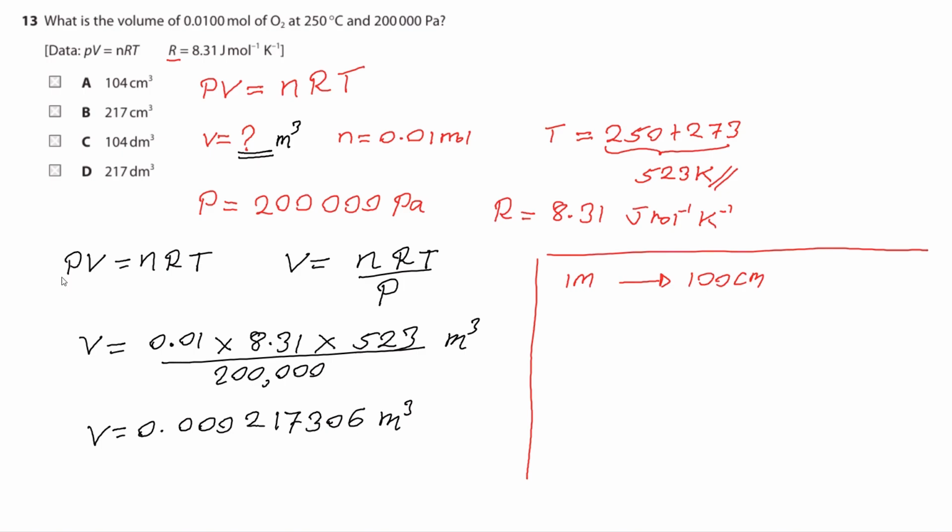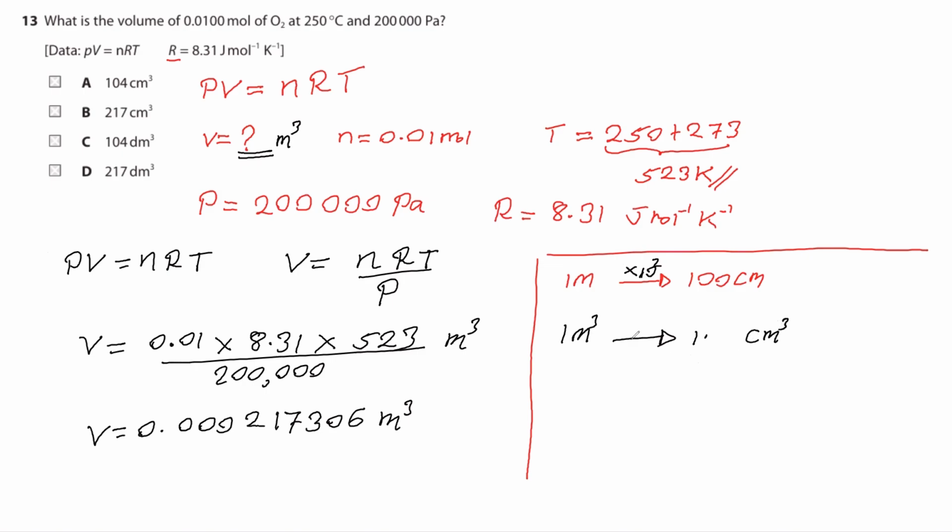To convert meter into centimeters, you multiplied by 10 to the power 2. 100 is 10 to the power 2. But we don't want to convert meter into centimeter. We want to convert cubic meter into cubic centimeter.